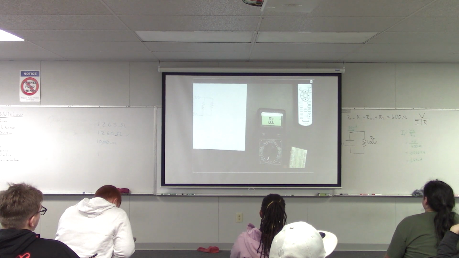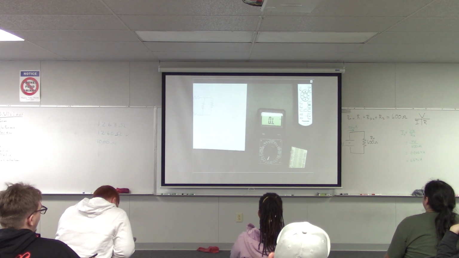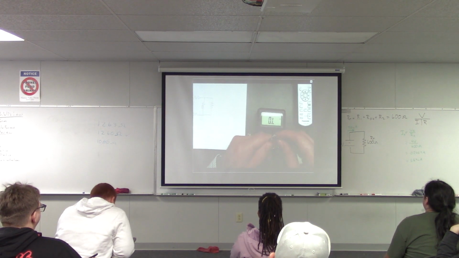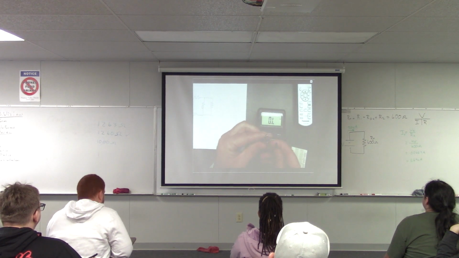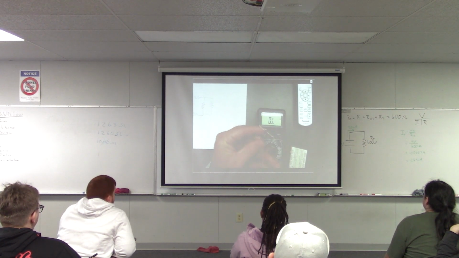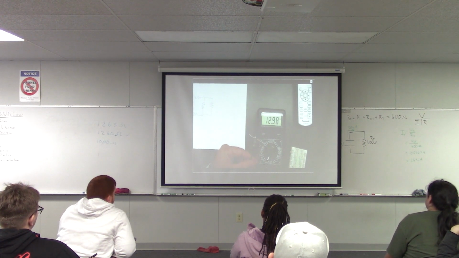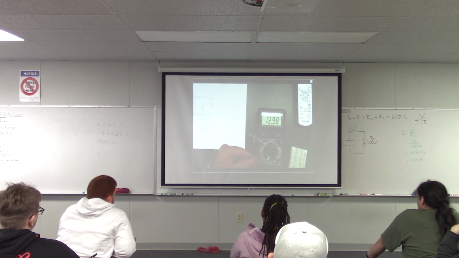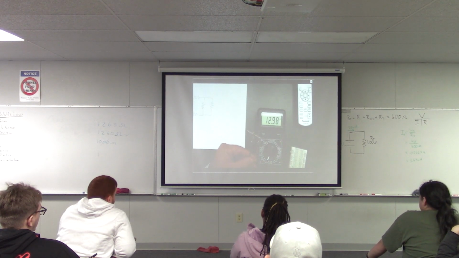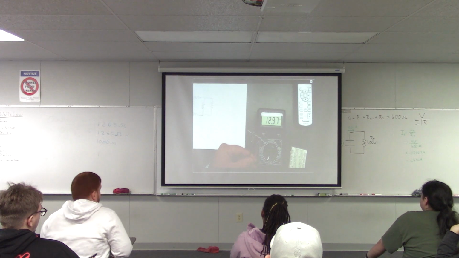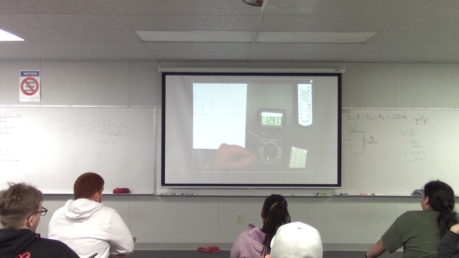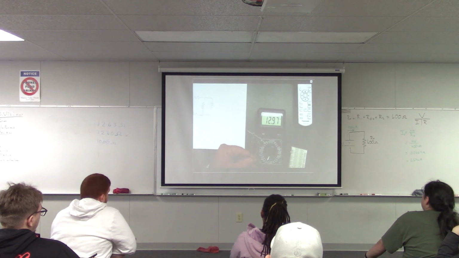And then you just grab the resistor in the two leads from your meter. You hook it up like that, and then you check to make sure that the value you're reading corresponds to what you think it should be. And then you can actually write that down.